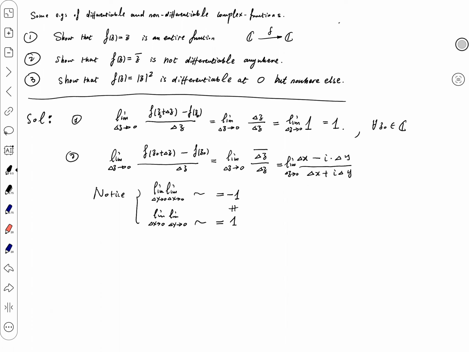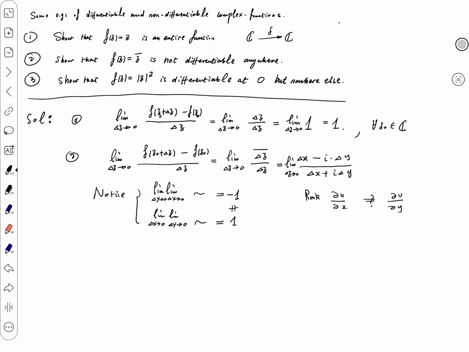So if you want to check by the Cauchy-Riemann equation, what you have to check is partial u partial x equals partial v partial y.